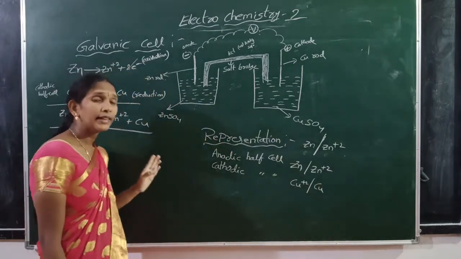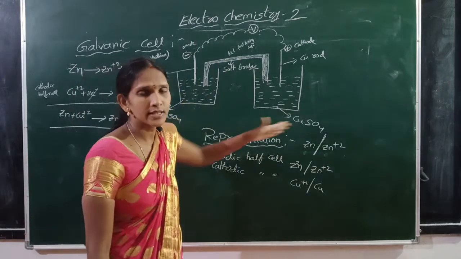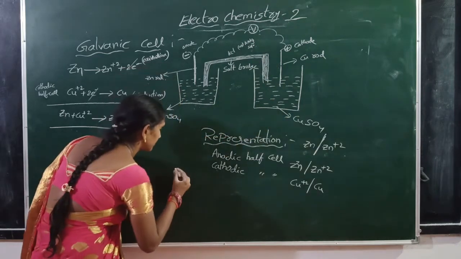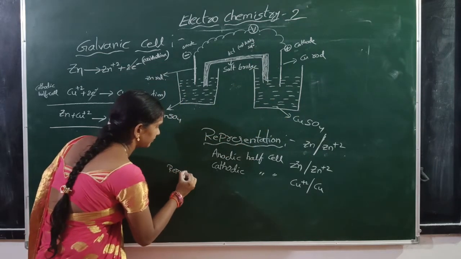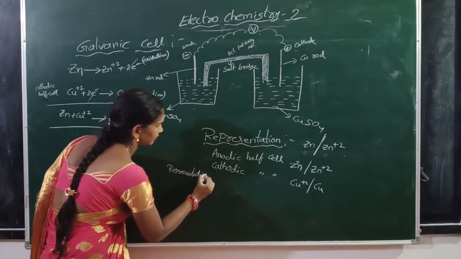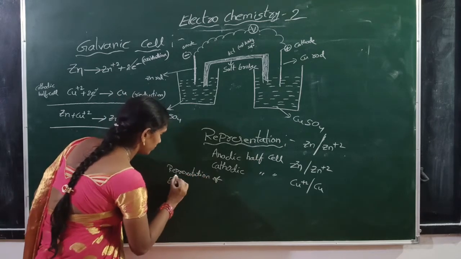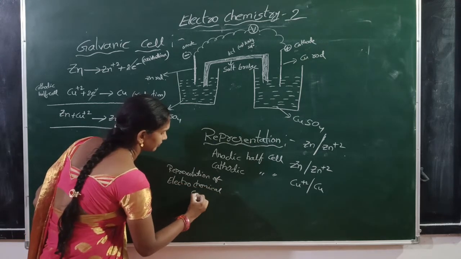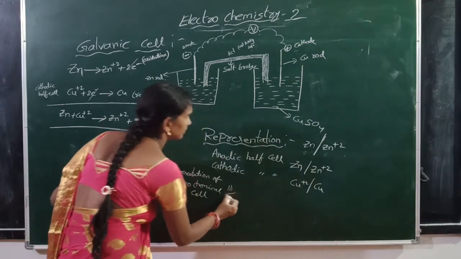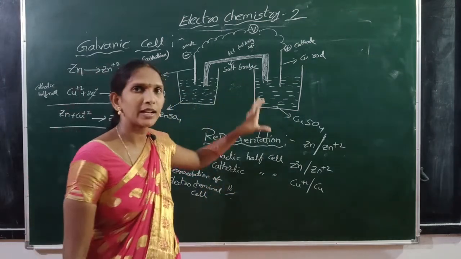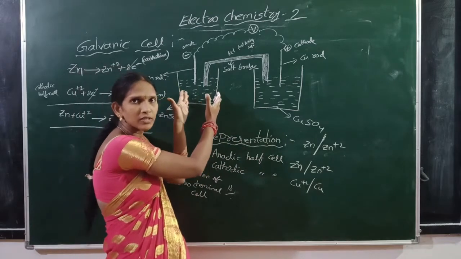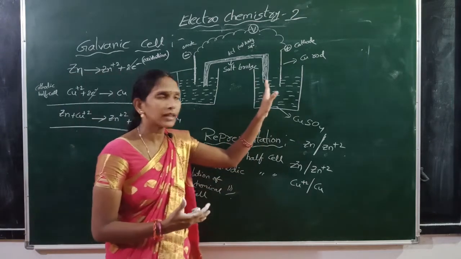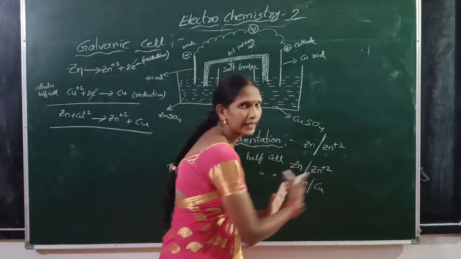Then the representation of the whole cell, that is the electrochemical cell. First the anodic half cell is written on the left hand side, and then the cathodic half cell is written on the right hand side.